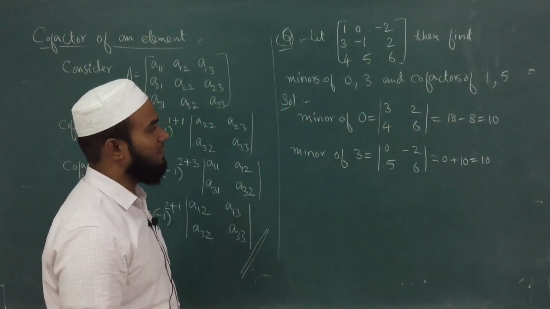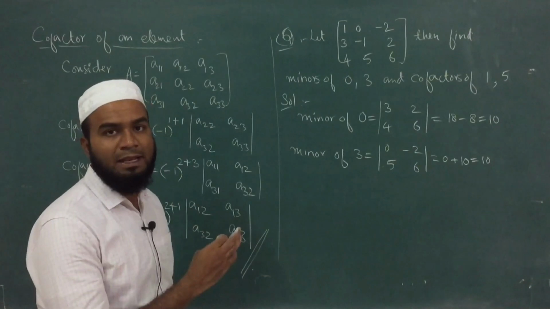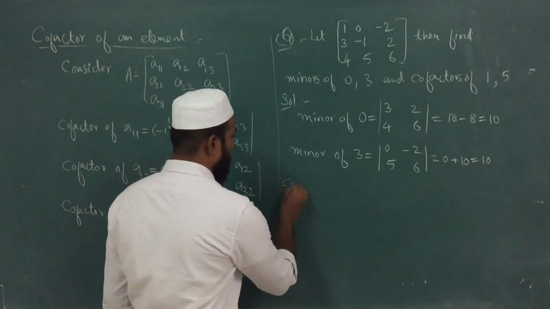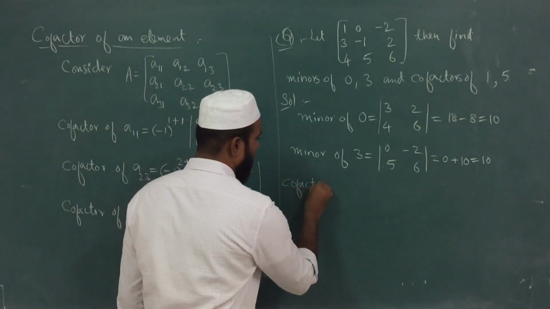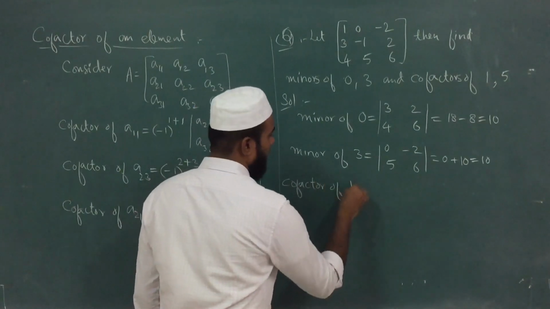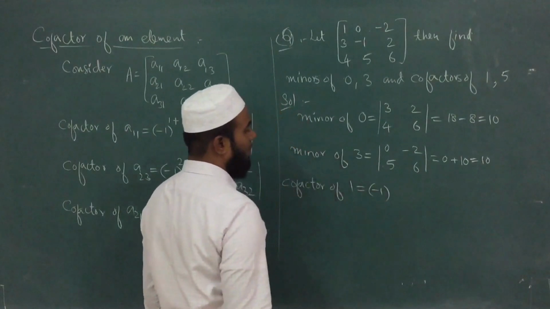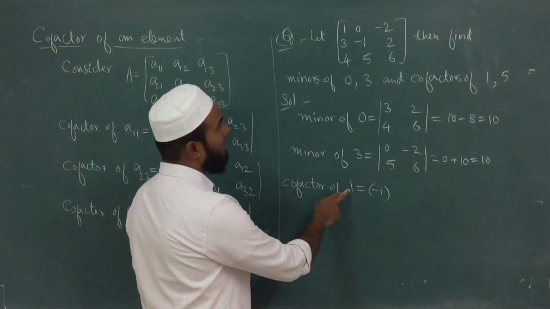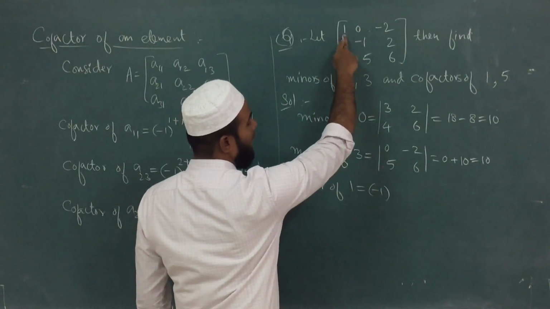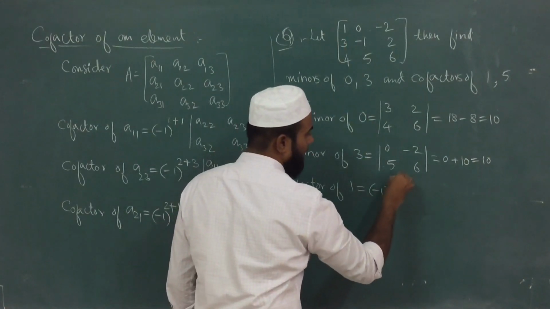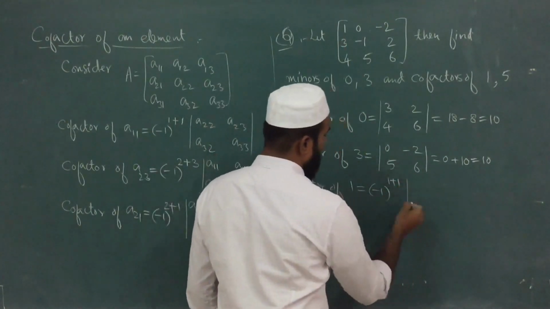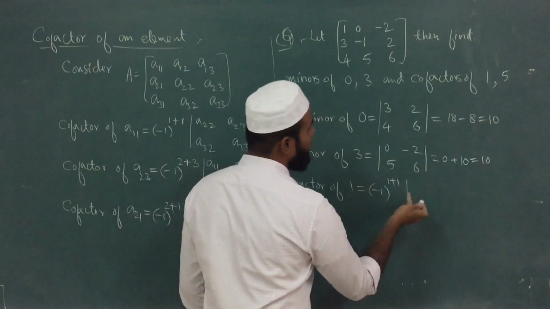Next, cofactors. We have to find the cofactors of 1 and 5. So cofactor of 1 is equal to, what we have to do? Minus 1 power. Where does this 1 lie? 1 lies in the first row and first column. So first row plus first column into, what we have to do again? The remaining thing is minor only.